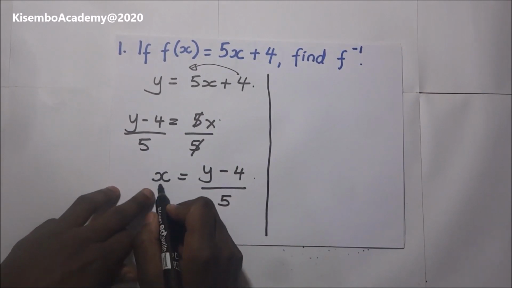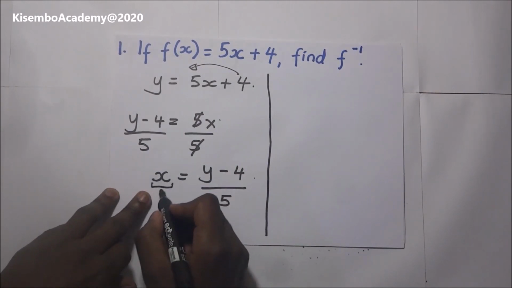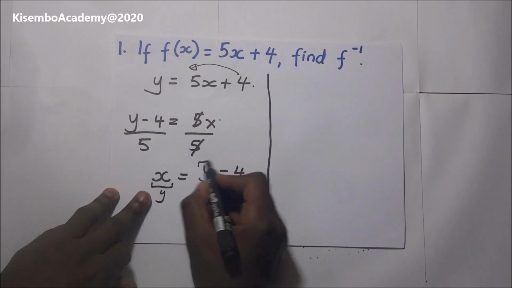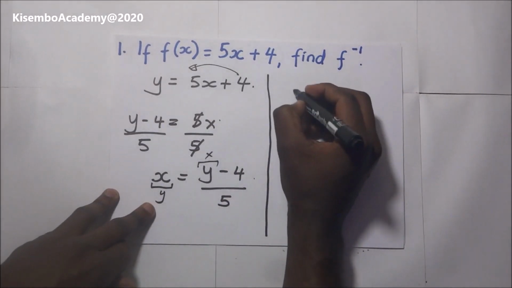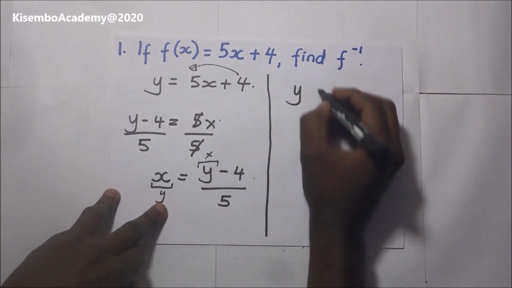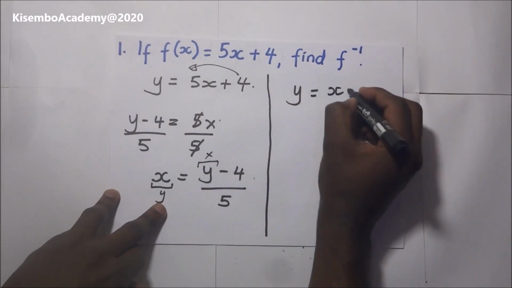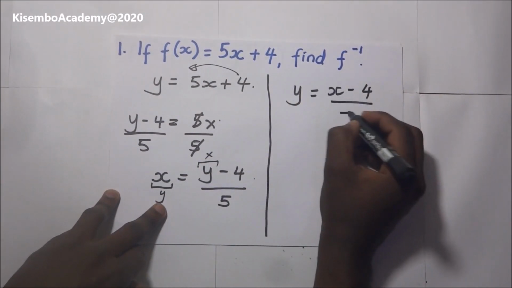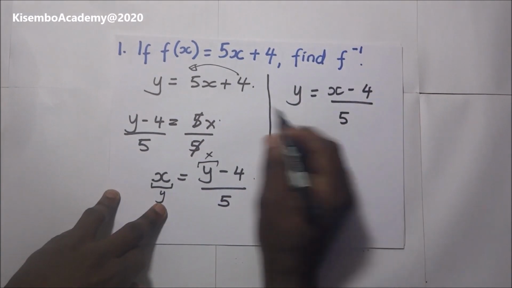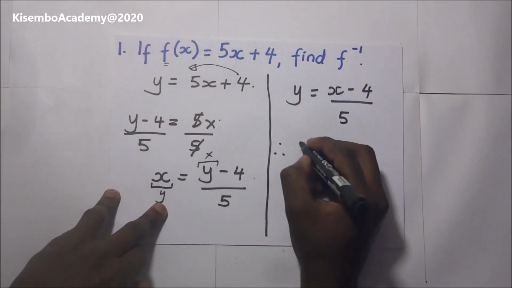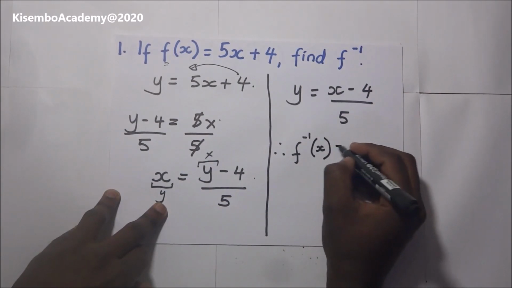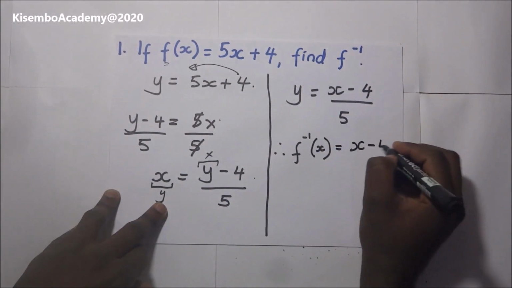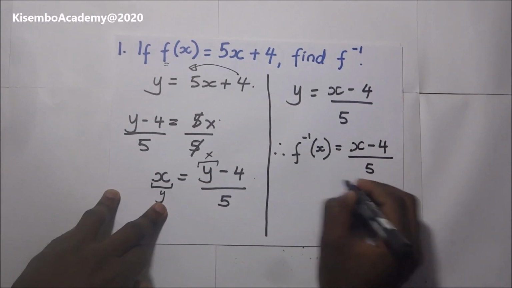It means that this x becomes y, and this y becomes x. So in our next step we shall say that y is equal to x minus 4 over 5, and therefore the inverse of this function f, where x is the input, is equal to x minus 4 over 5.